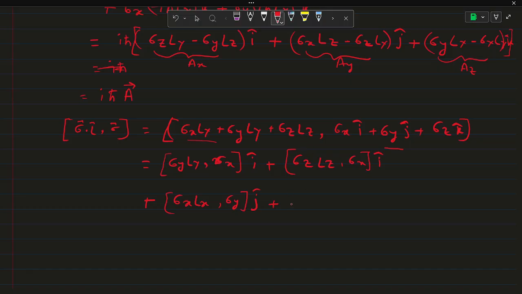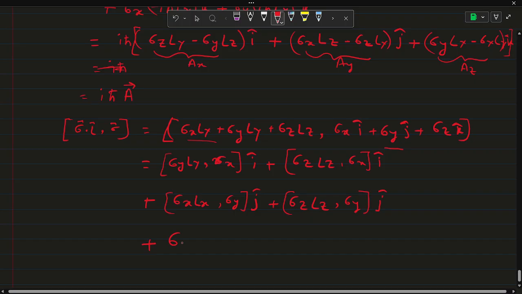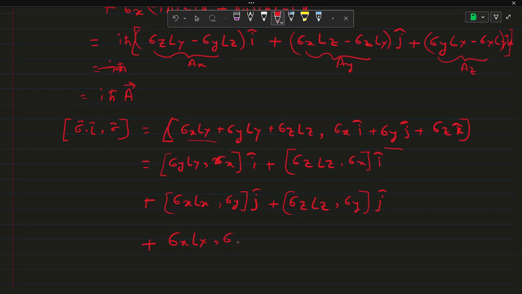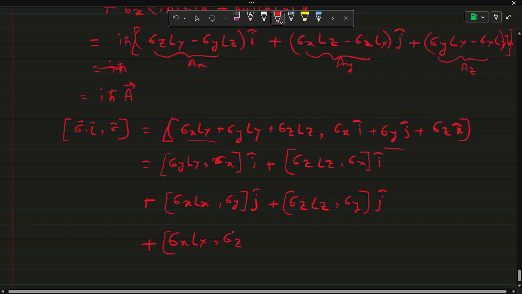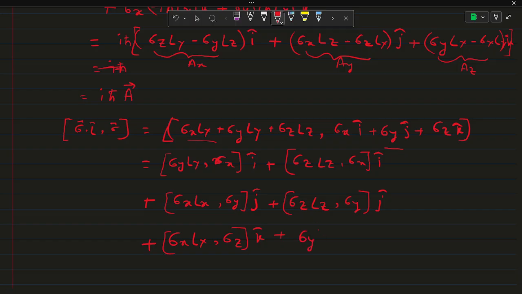And then go to the third term, sigma z Lz sigma y j cap plus sigma x Lx sigma z k cap plus sigma y Ly sigma z k cap.